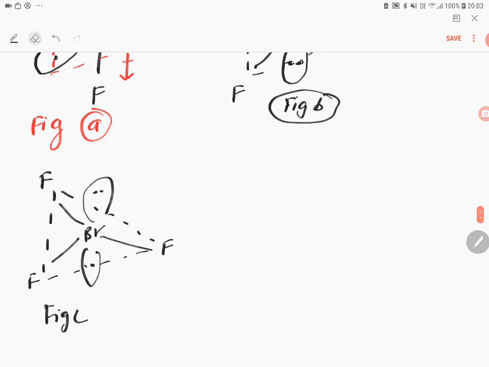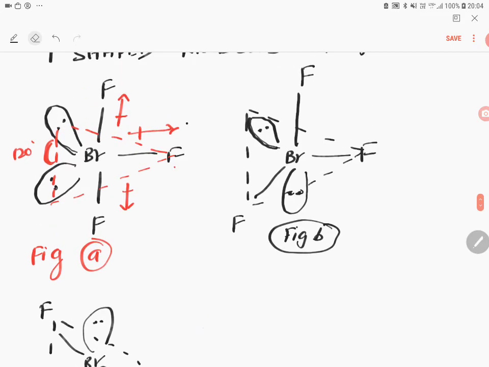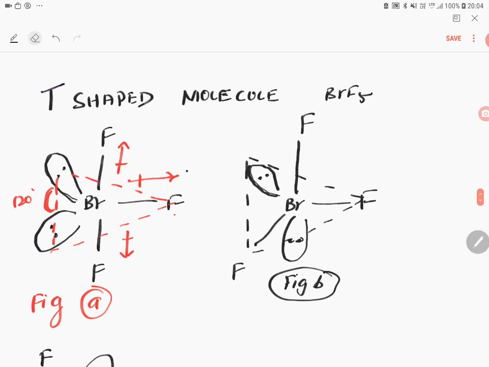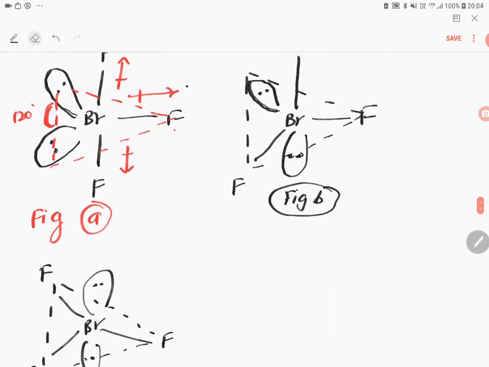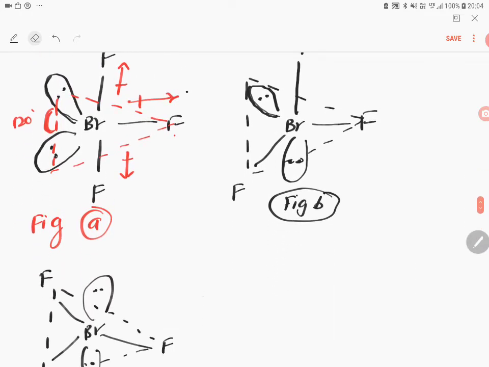Now coming to the stability. Arrange the following in decreasing order of stability: figure A, figure B, figure C, which is more stable and which is less stable. Please understand. In figure A, lone pairs are in the equatorial positions, equatorial, equatorial. So we can say that there is the least lone pair repulsion.